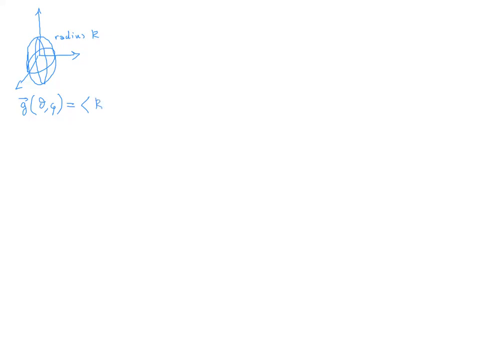So we will have r sine phi cosine theta, r sine phi sine theta, and r cosine phi. And what is the domain of this parameterization? Well, it's pretty much the full range for each of the variables. So the domain is going to be for theta 0 to 2 pi.